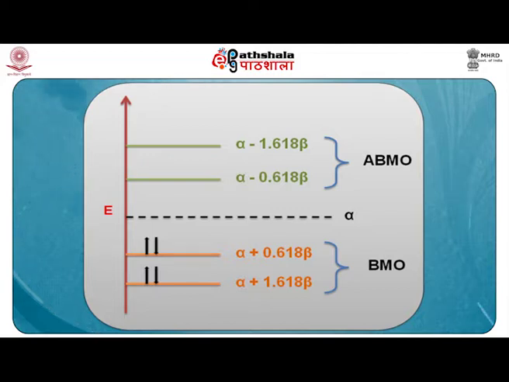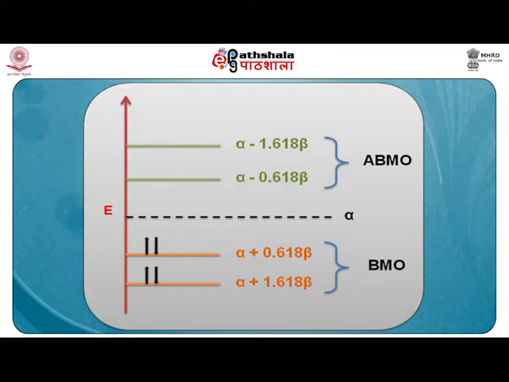Then we have the antibonding molecular orbitals: the next in energy is alpha minus 0.618 beta, and then alpha minus 1.618 beta. These are the 4 molecular orbitals drawn on the basis of the Huckel energy level diagram.